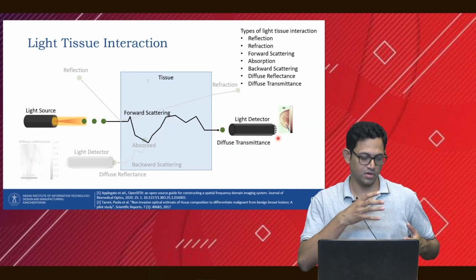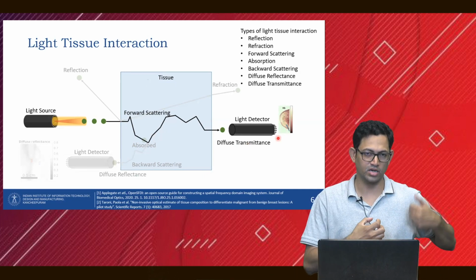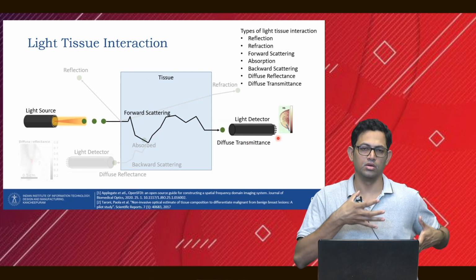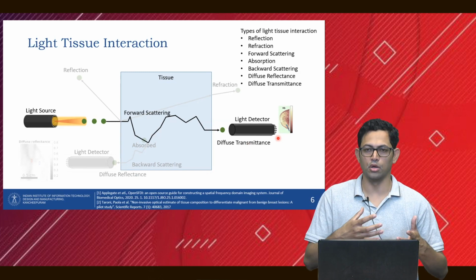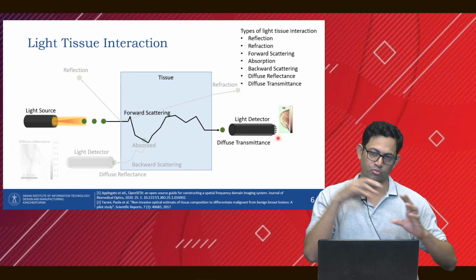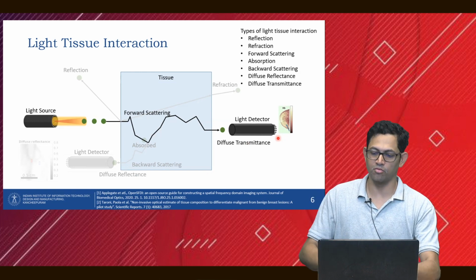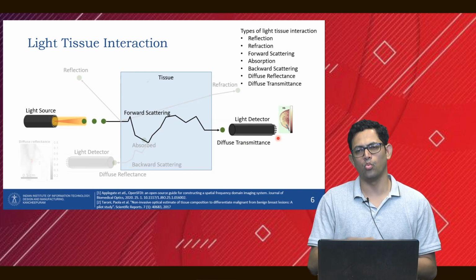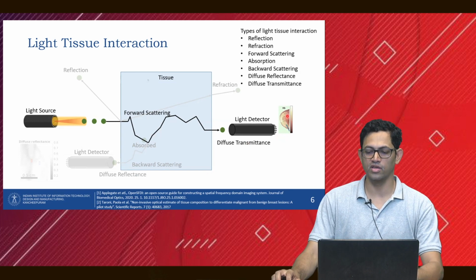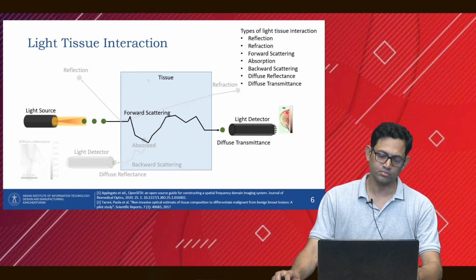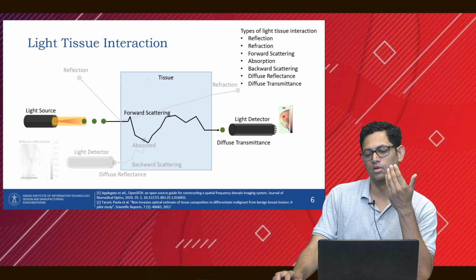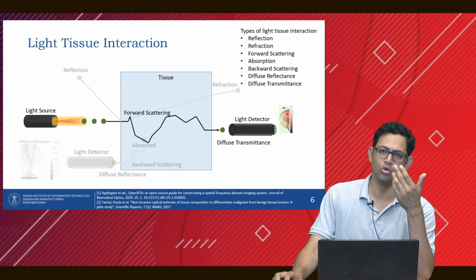So they have the source and the detectors, and they try to propagate the light through the breast. After compressing the breast, they propagate it through, and then from there you try to understand where there is more absorption by various tissue constituents such as hemoglobin.